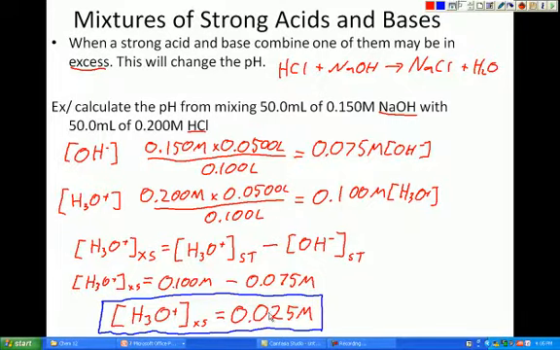And here's the amount of excess H3O plus that we have. Now the question doesn't ask for how much excess H3O plus we have. It says what is the pH at the end.